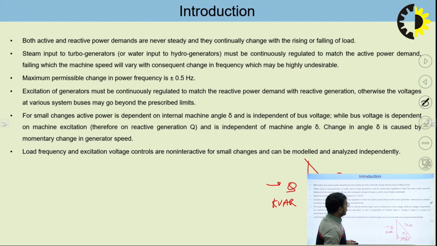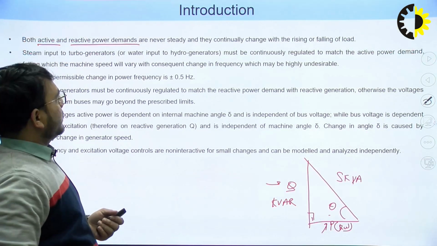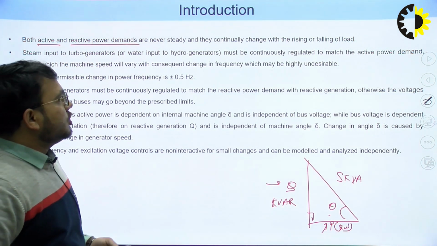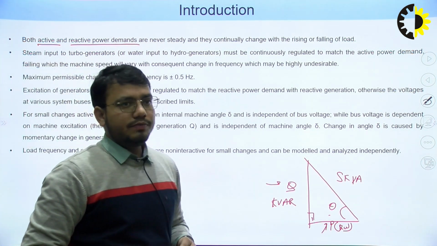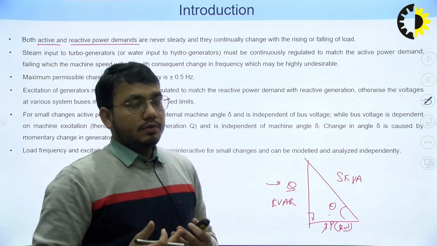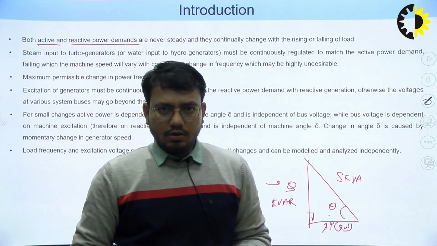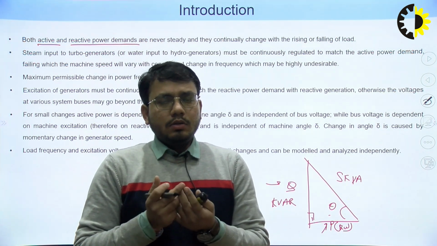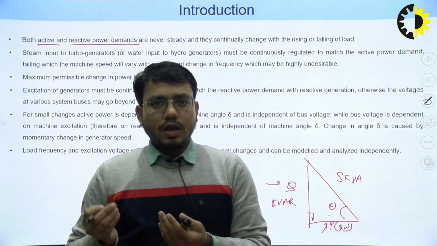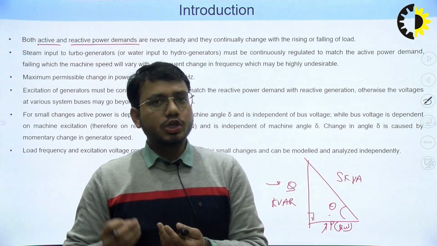In the operation of a power system, both active and reactive power demands are never steady, and they continually change with the rising or falling of the load. In a 24 hour load profile, the load is not constant at any time; it continuously varies.